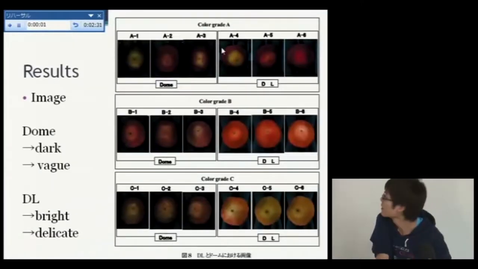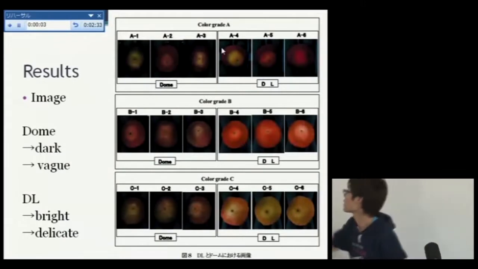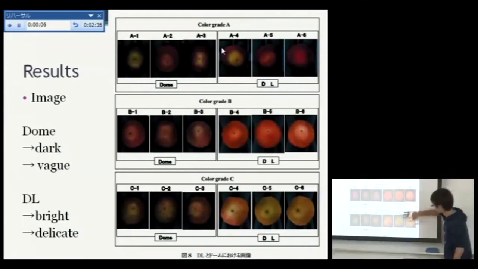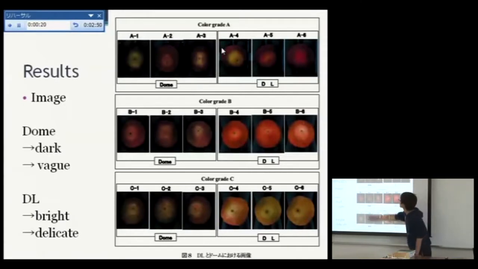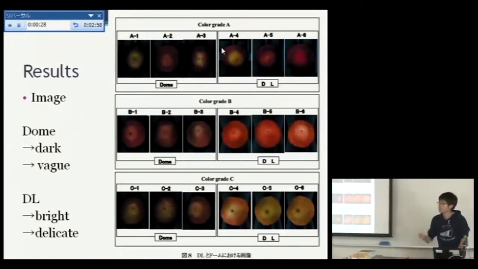And this is the result. Needless to say, with the direct lighting method, the picture is very clear and bright. So we can easily see how bad and how good, and we can see delicate parts. But with the dome system, the picture is very dark and has halation. So this is not a good picture.